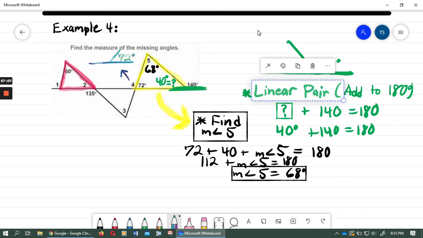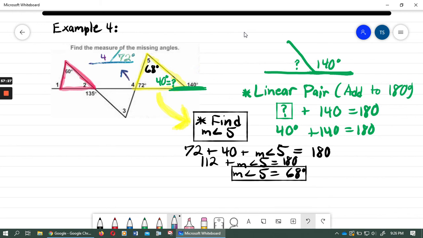That may not be the case, but it's just going to have to be good enough, me saying it and not writing it. So angle 4 and this 72 degrees here are a linear pair, and that means that they add to 180 degrees.